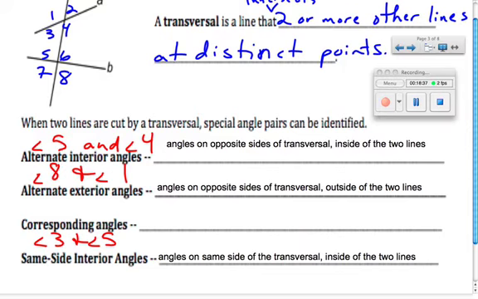And I'll tell you, for some reason, corresponding angles tend to be the one that students have the most difficulty with because the name doesn't really give it away. Okay? So I will tell you, angles 1 and 5 are corresponding angles.